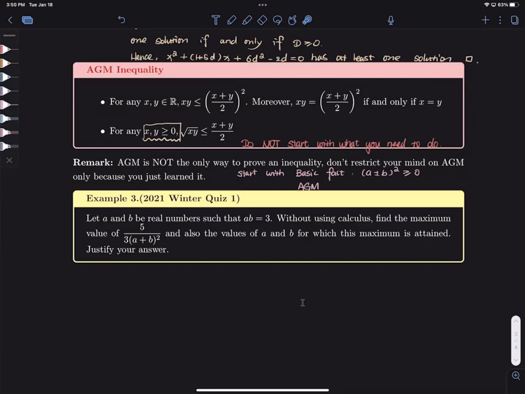Another thing, there are many things I want to remind you of. Remember, for AGM, equality holds if and only if x equals y. Why do I want to mention this? Because for some questions, they will ask you to verify it, so you need to check this if the question asks you to.